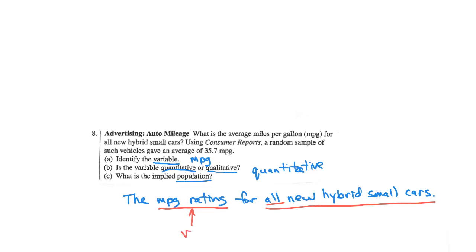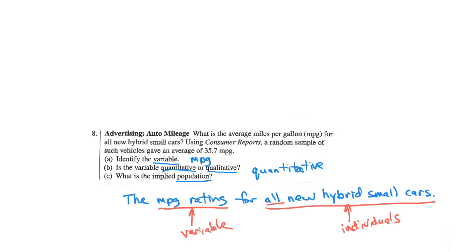So here is the variable, and here are the individuals. Okay, so when they ask you about the population or the sample, we need to mention the thing we're measuring, the variable, and also the thing we're measuring from, which is the individuals.